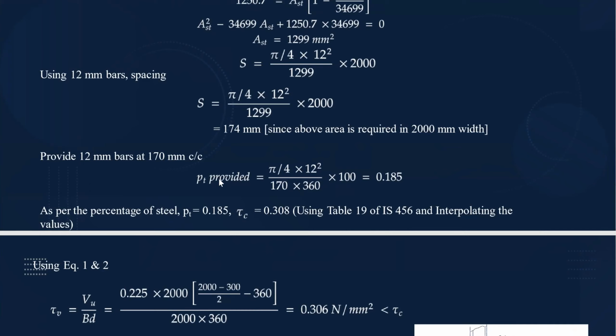Now, since the minimum diameter bar that can be used is 10 mm, we are providing here 12 mm dia bars at 170 mm center to center. Now, the percentage of steel that is provided is 0.185. As per the percentage of steel, the tau C is 0.308, using table 19 of IS 456 and interpolating the values.